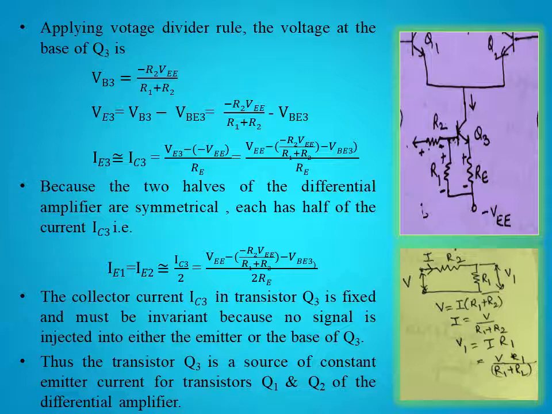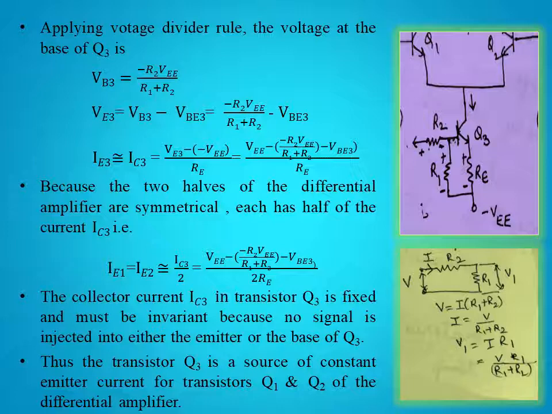So if we are not providing any input signal to the base or to the emitter of the transistor Q3, then there must be no change in the collector current. And in turn the current provided to the two symmetrical stages of the differential amplifier will remain the same or invariant. That is what we require.